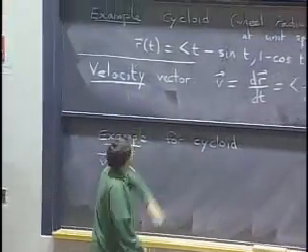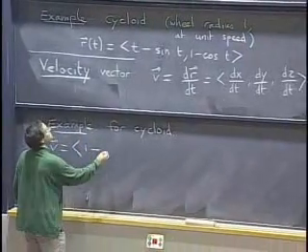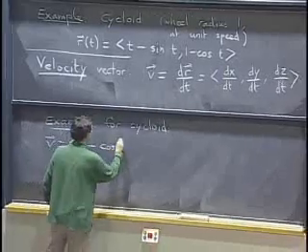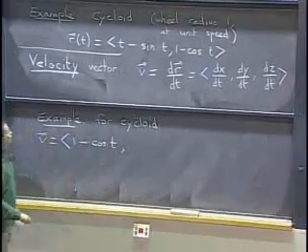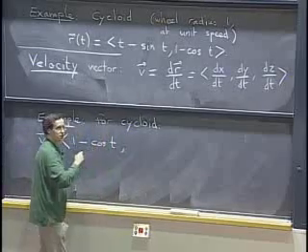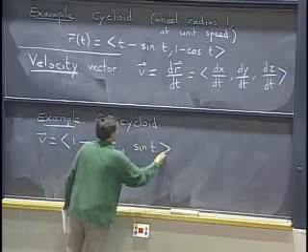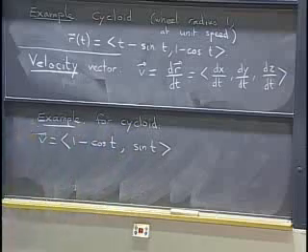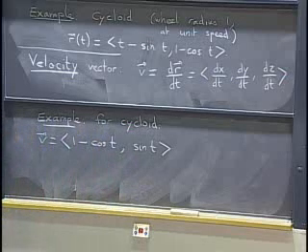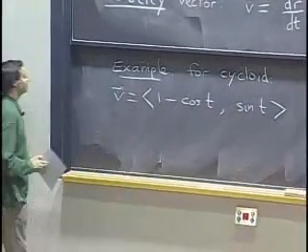Well, the derivative of t is 1 minus cosine t. The derivative of 1 is 0. The derivative of minus cosine t is sine t. Very good. That's at least one thing you should remember from single variable calculus. Hopefully you remember even more than that.